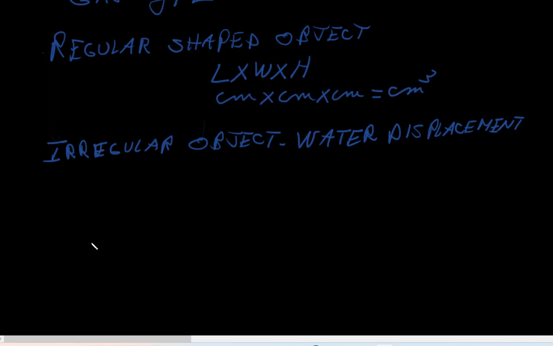And quite often what they're going to do is give you a problem, and you're going to have a graduated cylinder. You're going to put in a known quantity of water. Now let's just say we've got 30 milliliters. And you're going to drop in an object.